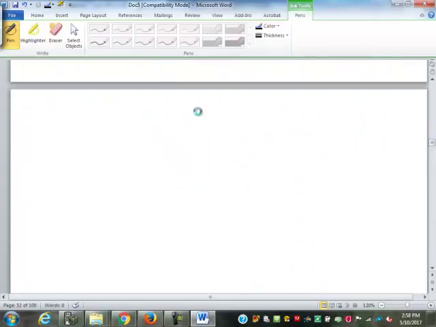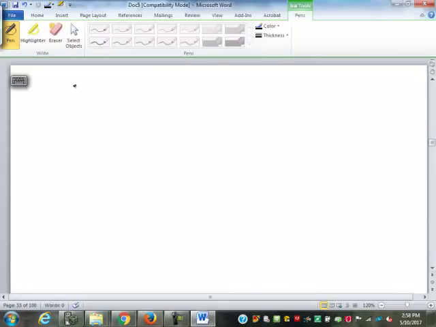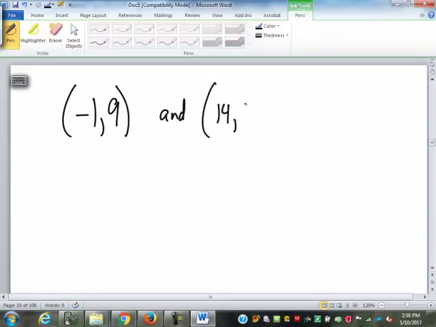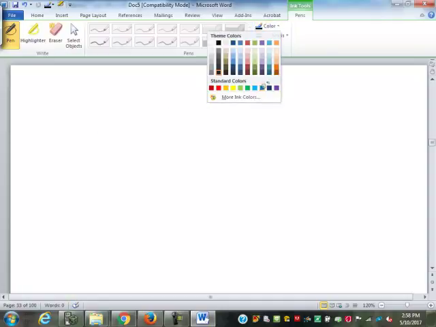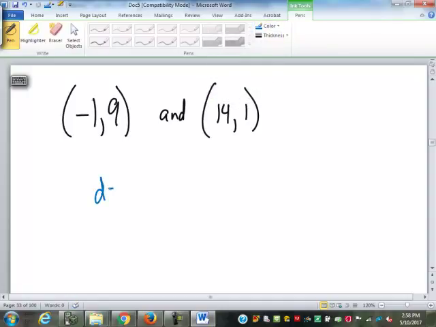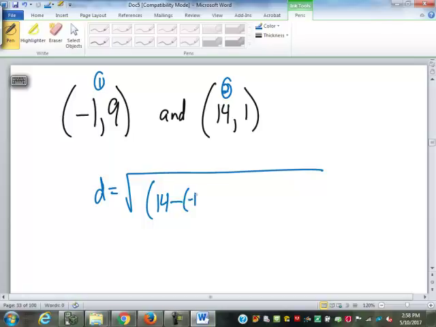Let's do one more example of that. Negative 1 comma 9 and 14 comma 1. So I'll call them point 1 and 2. In my first parentheses, what goes first? 14 minus negative 1. Good.